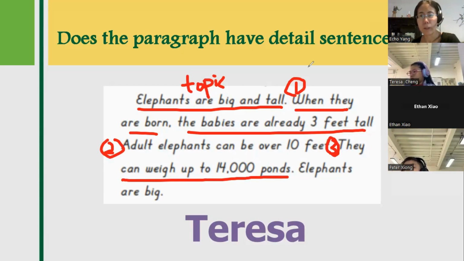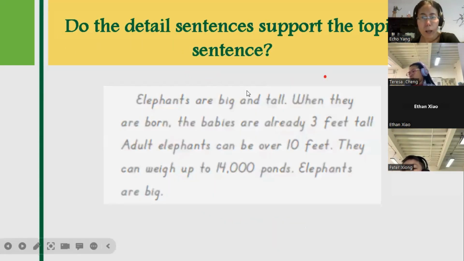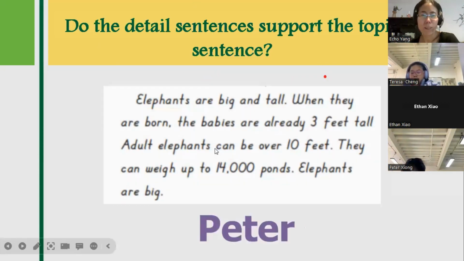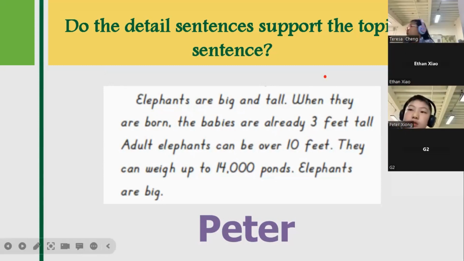And now we come to the number 3 question. Do the detailed sentences support the topic sentence? So Peter, tell me, do the detailed sentences support the topic sentence? Yes or no, Peter? No. Tell me your reason. Why?